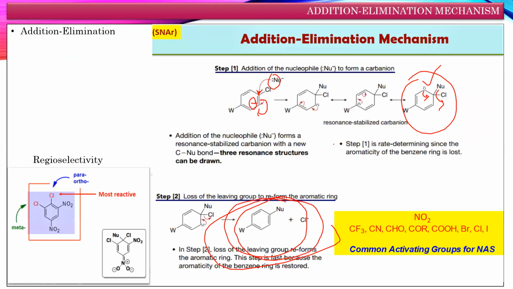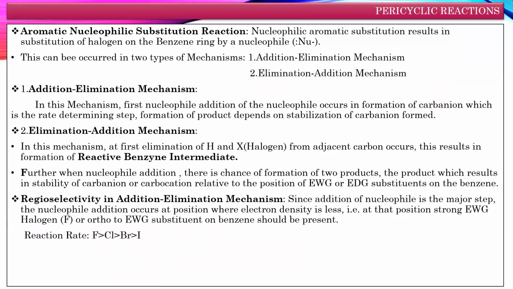This is the elimination-addition mechanism. And in the addition-elimination mechanism, there is also the factor of regioselectivity. Regioselectivity comes only here. Since the addition of the nucleophile is the major step, the nucleophile addition occurs at the position where electron density is low. So the halogen present at that nucleophilic attack position must be strongly electron withdrawing.